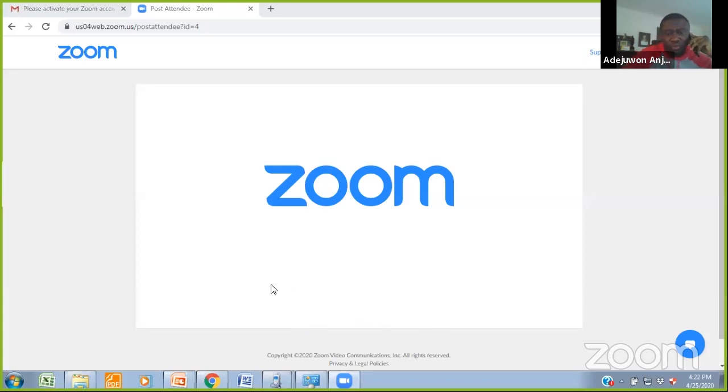So if you go to the Zoom window, at the bottom you see the control panel, the part that says mute. If you click on the arrow beside mute, I want you to please click on test speaker microphone.